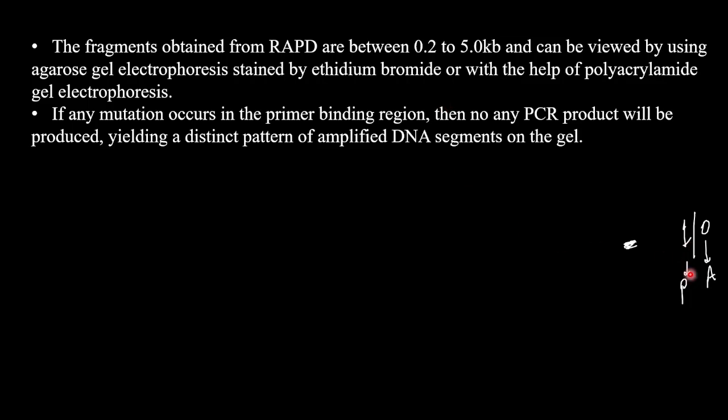Either the band is present, in which case the score is 1, or the band is absent, and the score is 0. If there is any mutation in the primer binding site, you will not get any amplified DNA band, so no PCR product will be produced.